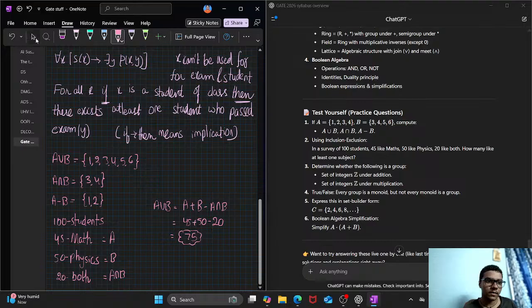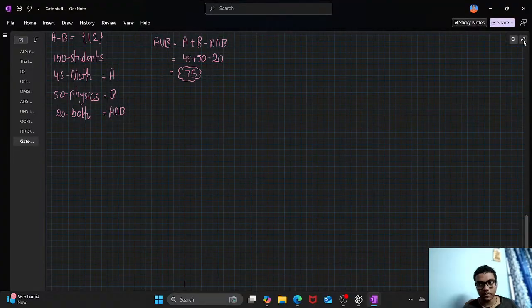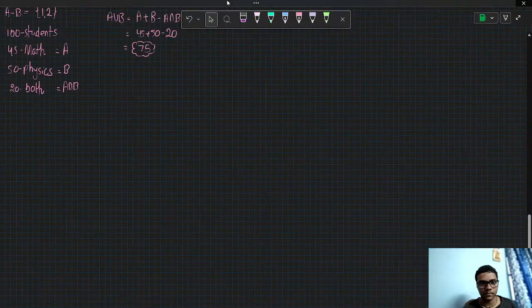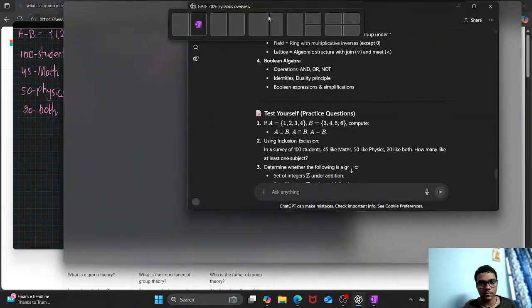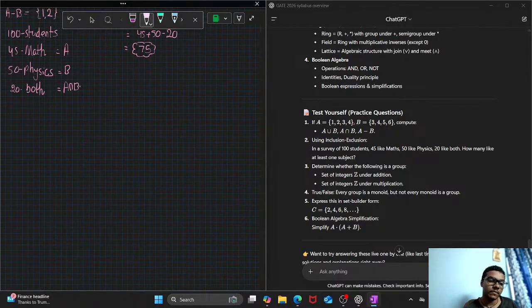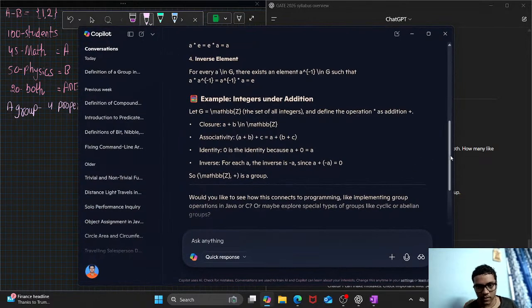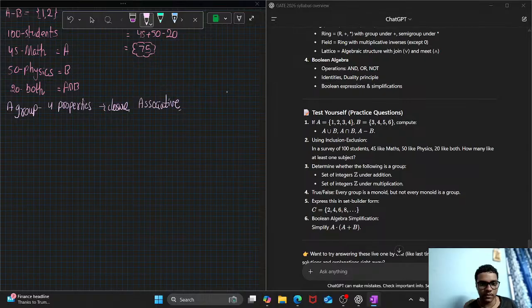So a group follows these four properties: closure, associative, and what else we got? Identity and inverse.